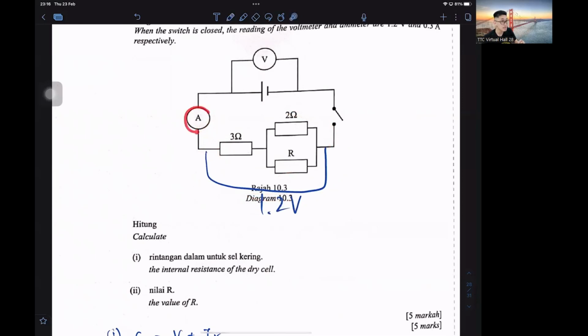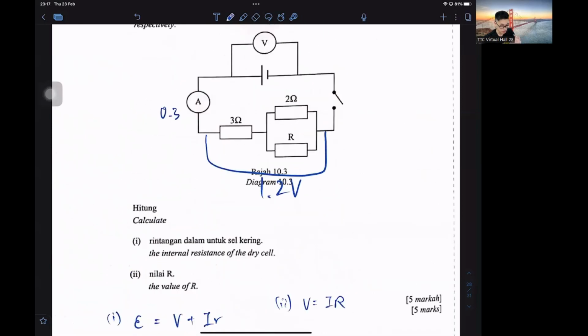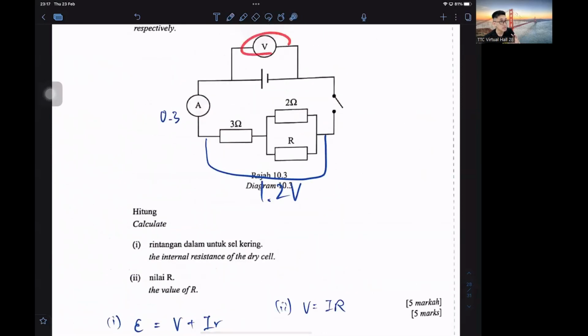The current here is 0.3. If I have the V, I have the I, can I get the total resistance? I can, because I know that V equals IR. We are not using EMF because EMF means you haven't paid inside. After you pay inside, you're only left with 1.2 volts.